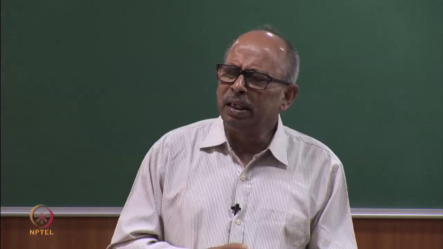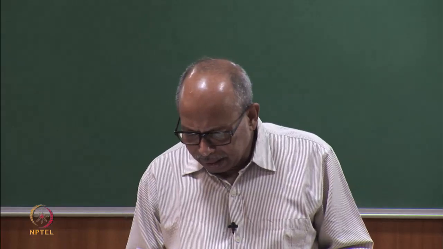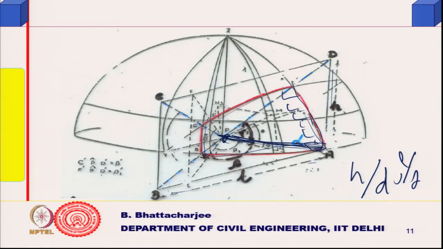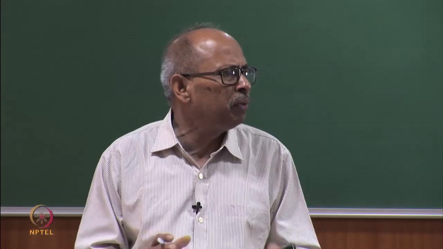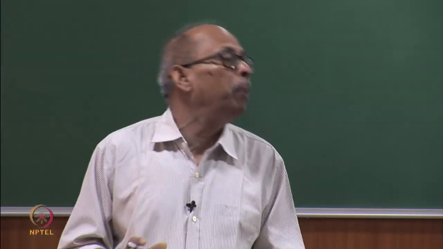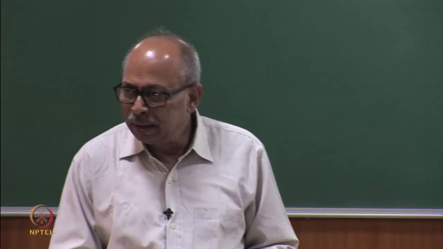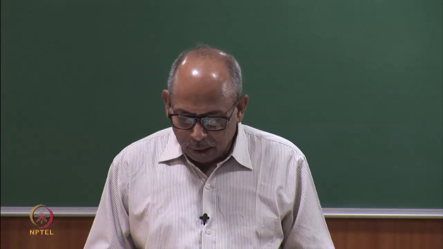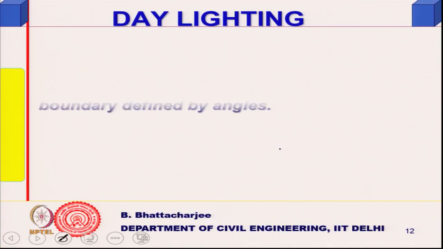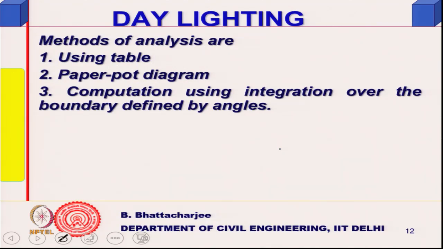Then they integrated it in a very complicated manner, with the limits of integration broken up into several parts so that the whole area can be covered. By doing that one could obtain the sky component. So, there are tables based on this computation, paper pot diagrams, and you can do this.